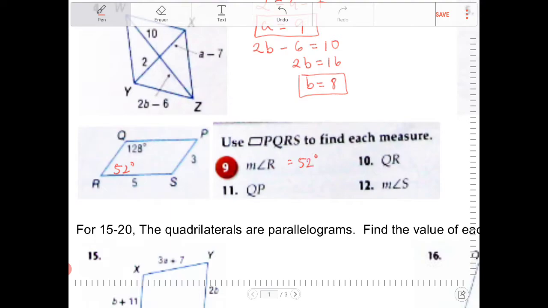QP is opposite of RS, so therefore QP must equal 5. QR is opposite of SP, so therefore QR is equal to 3. Angle S is opposite of angle Q, so therefore this is equal to 128.